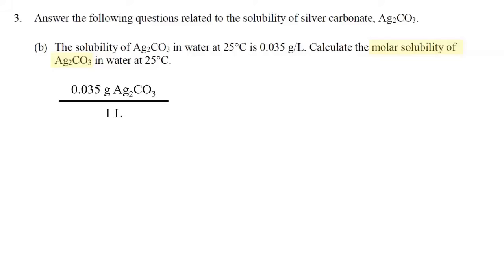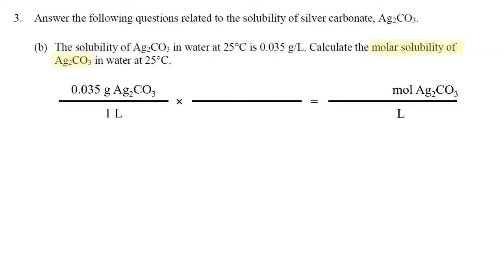0.035 grams of silver carbonate for every 1 liter. And then our final answer should have units of moles of silver carbonate per liter. This time we want grams on the bottom and moles on top in our conversion factor.